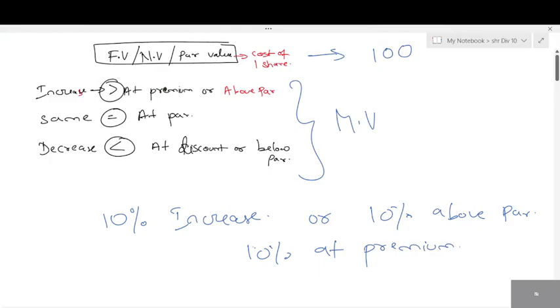Make a note of these words: at premium, above par. Sometimes they might say increase, decrease.